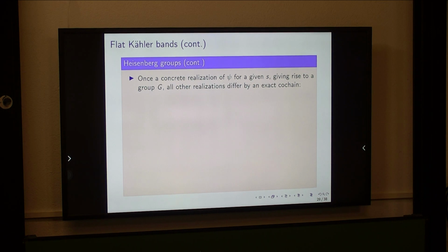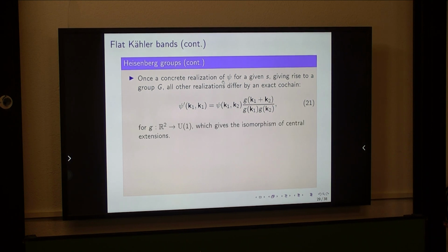Once a concrete realization of psi for a given commutator is giving rise to the group G, all other realizations differ by an exact cochain, meaning that there is some smooth function G_K such that this holds. And this relation is just an isomorphism of central extensions.